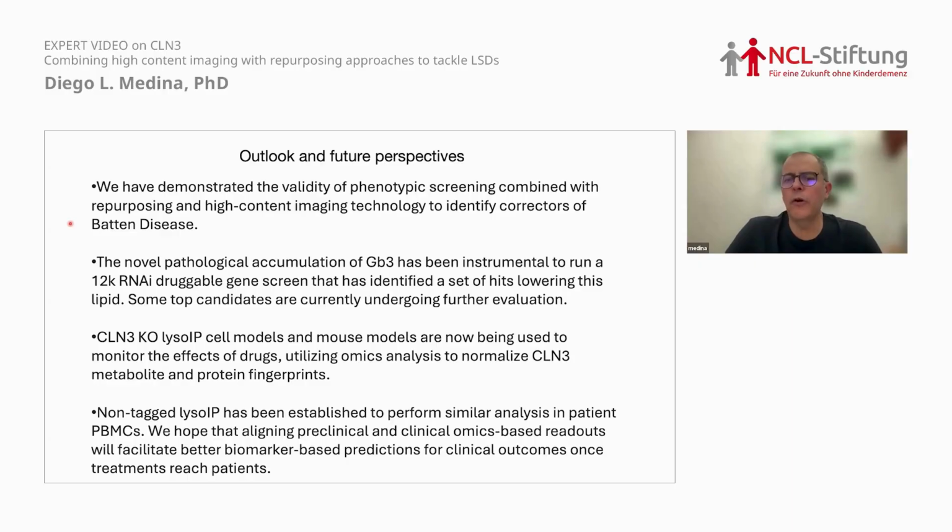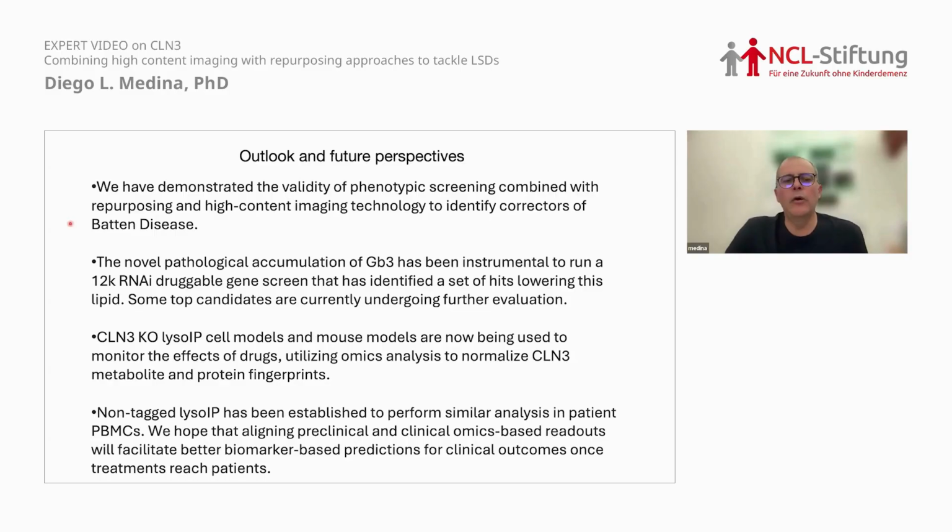And to do so, we use omics analysis in order to identify lipids and metabolites in normal or untreated conditions and after the treatment with a specific compound hit, such as tamoxifen. And now there are several reports that push forward this lyso-IP technology and avoid the use of a reporter, in this case TMEM192, in order to immunoprecipitate lysosomes.